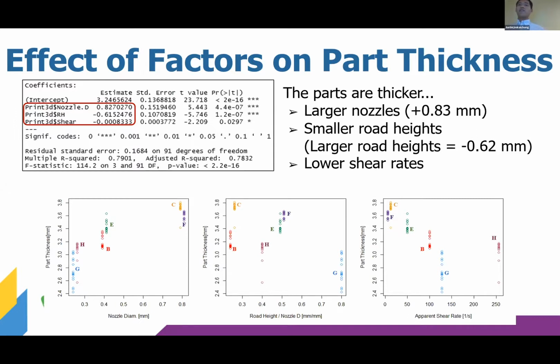Furthermore, in terms of having larger road widths or printing at a higher level, again, it might have problems in adhesion because you're printing at a space where it would be just dropping, and you don't have that interlayer adhesion that we want for fused filament fabricated parts. Interestingly, unlike our width results, we saw that it was slightly statistically significant whether we print faster or slower in some sense. So that's something interesting to note.